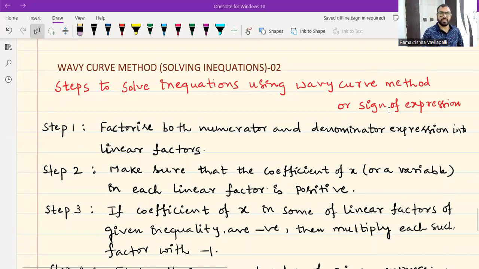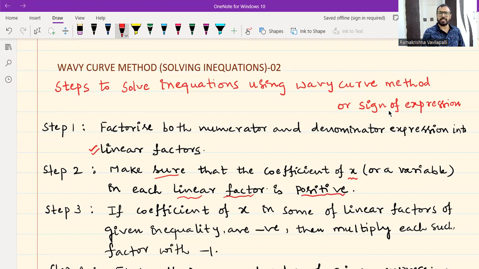So here are a few steps before we solve inequations. Step one is factorize both numerator and denominator expression into linear factors. Step 2, make sure that the coefficient of x in each linear factor is positive.